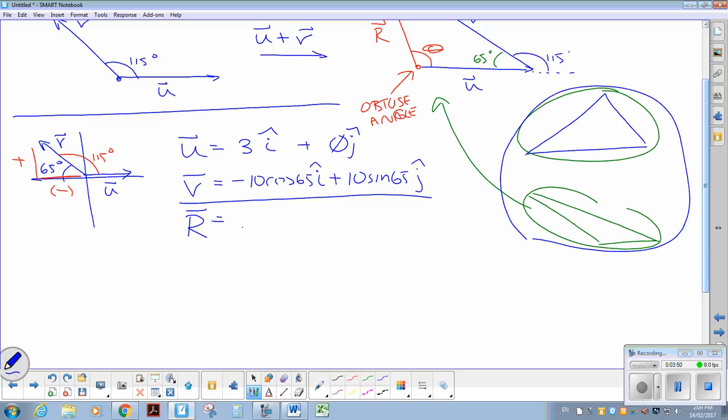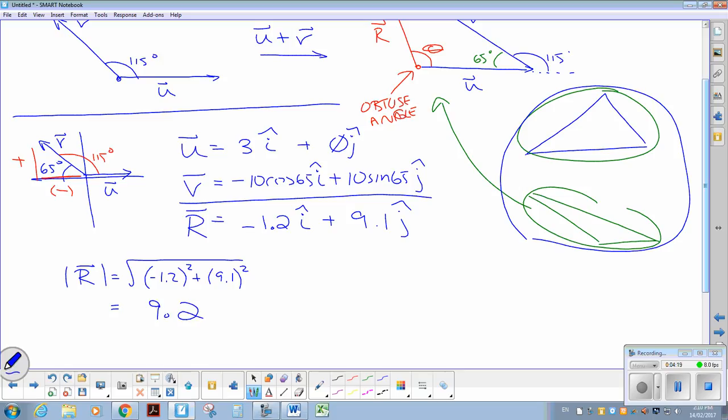So we get negative 1.2i and 10 sine 65 plus 9.1j. So there is the resultant, the magnitude of our resultant, negative 1.2 squared plus 9.1 squared. So that would give us a grand total of, here is the answer, 9.2.